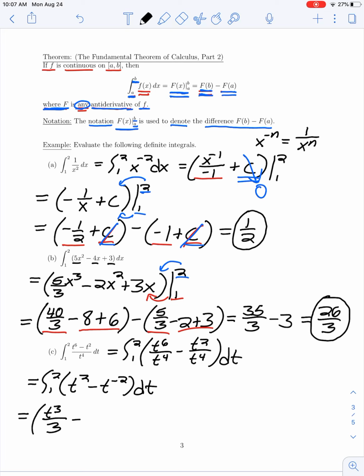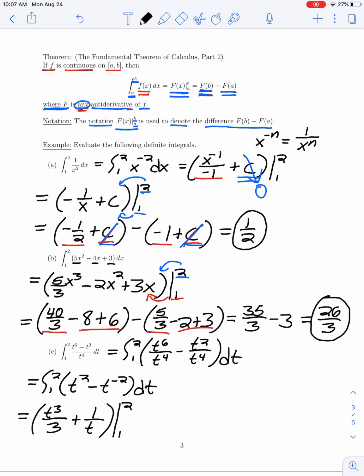Well, if we add 1 to the exponent, we get t to the negative 1, and then we're dividing by negative 1. So that will give me a positive t to the negative first, or positive 1 over t. And then this antiderivative, we're evaluating from 1 to 2. And again, notice because this was a definite integral, we did not need to write the plus c term. So let's see what we get.